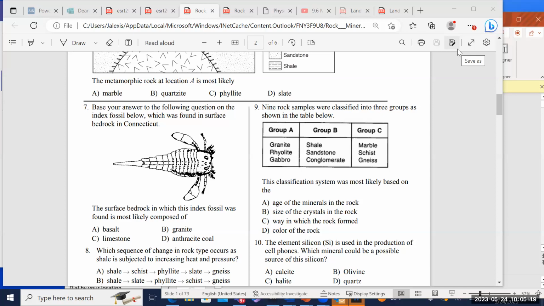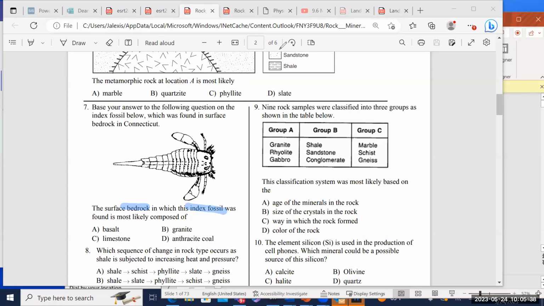So automatically, one of the things that I know off the top of my head is that if I have a bedrock that contains a fossil, right? If I have a bedrock that contains a fossil, it is what type of rock, everybody?